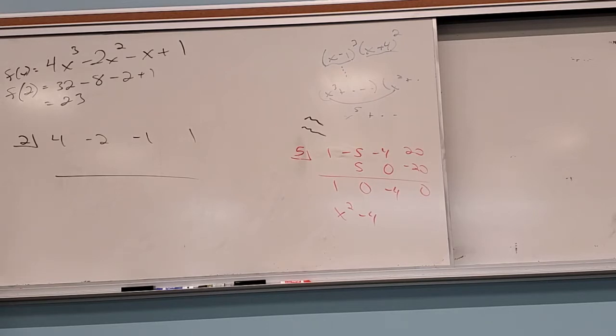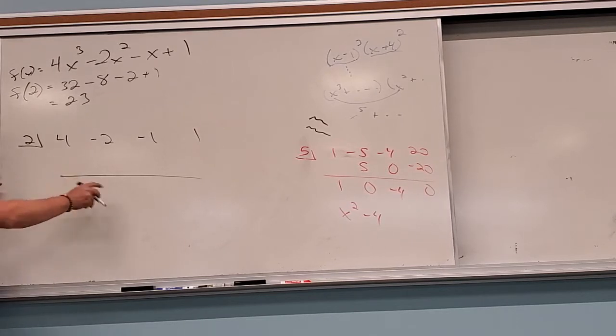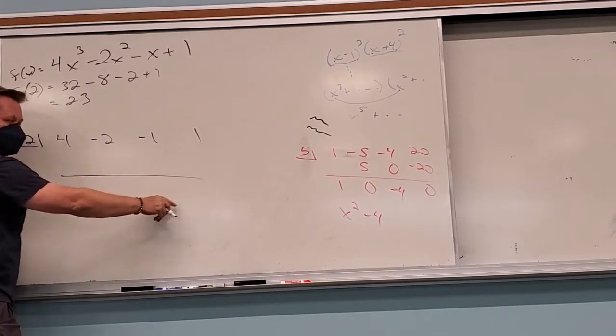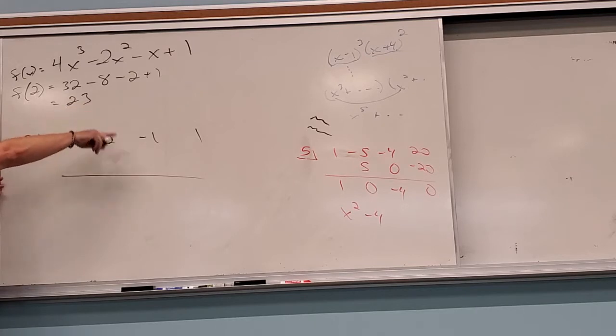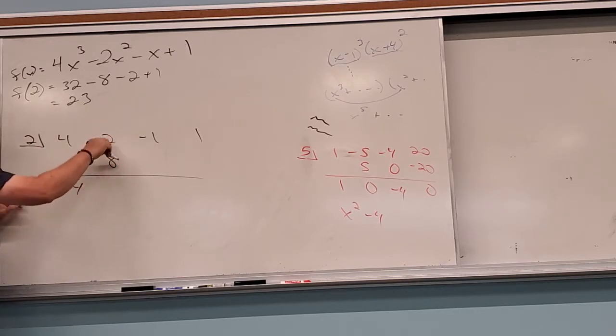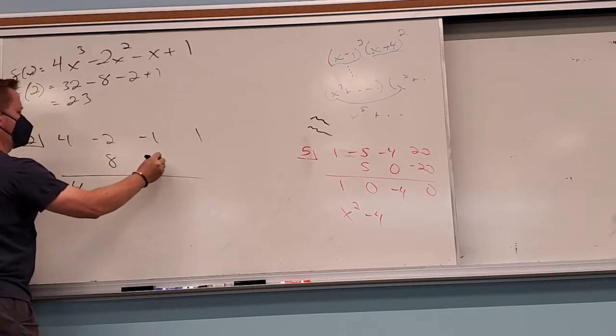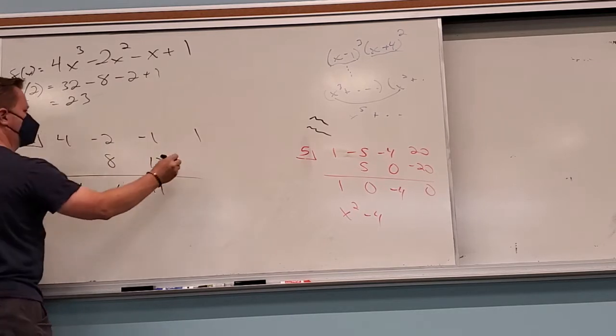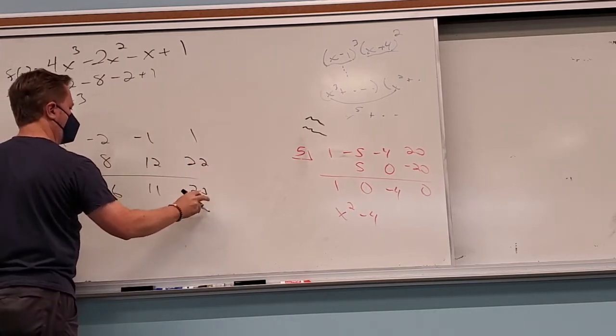But then we'll see why it's not so crazy. So let me catch up to you guys. What are you guys getting over here? Alright, sorry. I'll stop. So bring the 4 down, right? 4 times 2 is 8. Add, multiply, add, multiply, add.